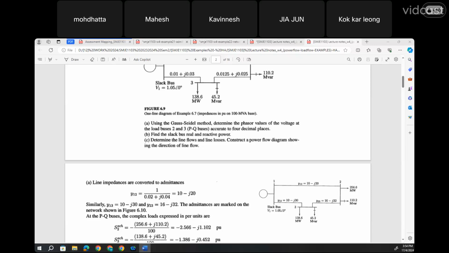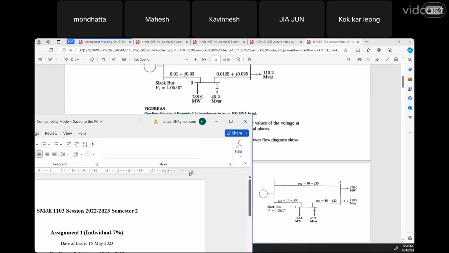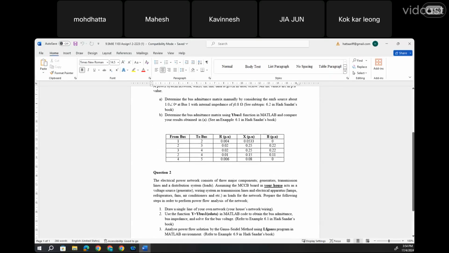If you look at the assignment question, part of it has been solved. Okay. You see here the table that I have over here. In your assignment, you can also neglect this part. Maybe later on I will inform on e-learning. I will put a slash over there where you can neglect.